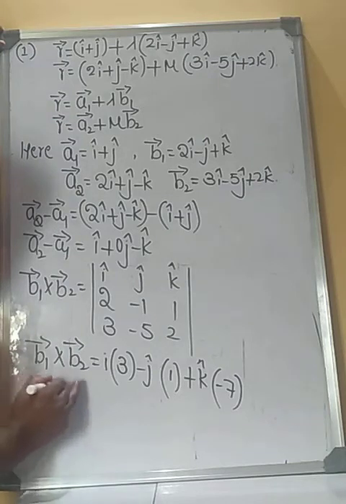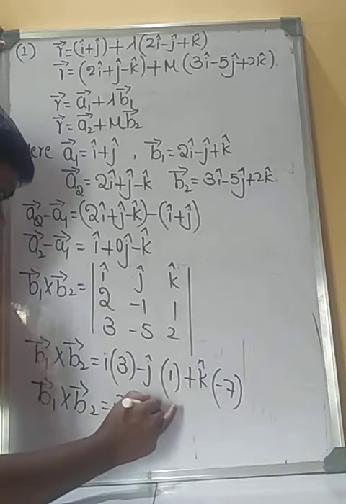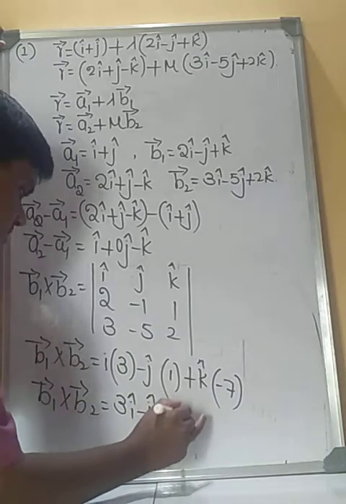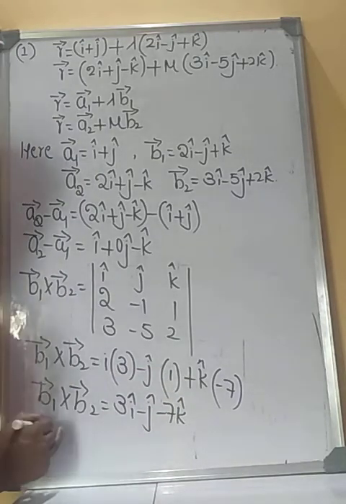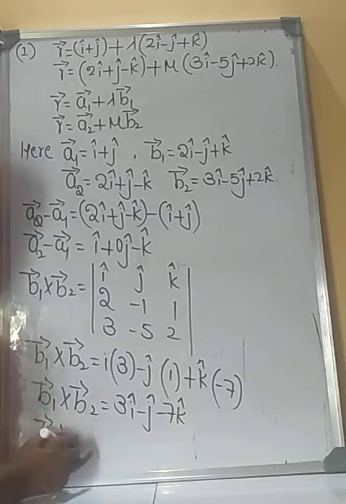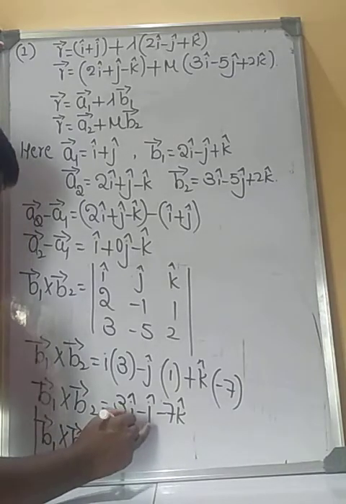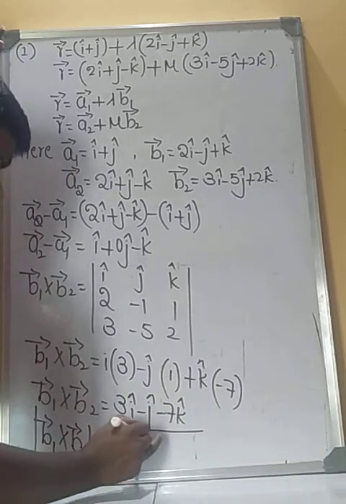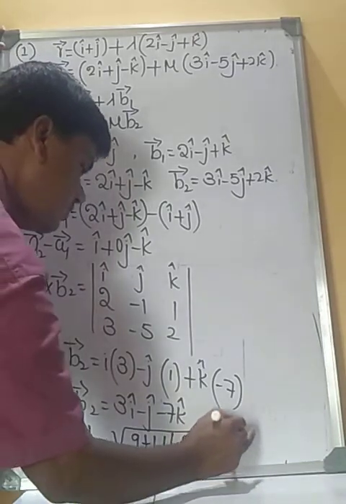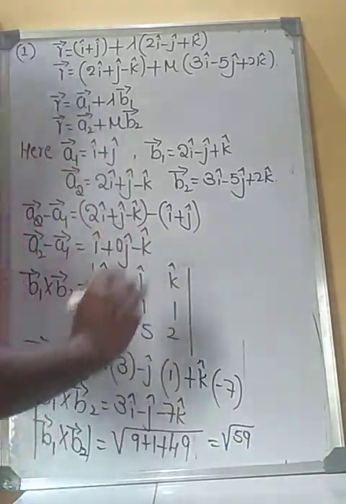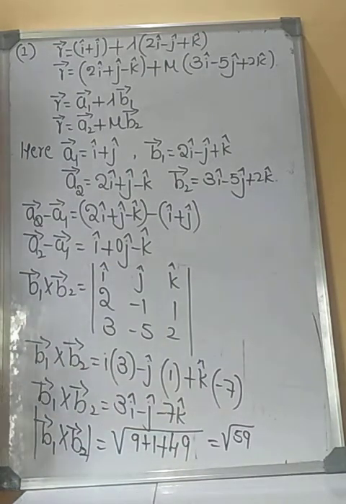Therefore B1 vector cross B2 vector is equal to 3i minus j minus 7k. Therefore the magnitude is equal to root of 9 plus 1 plus 49, that is equal to root of 59.